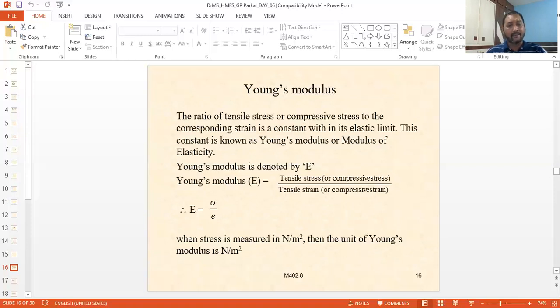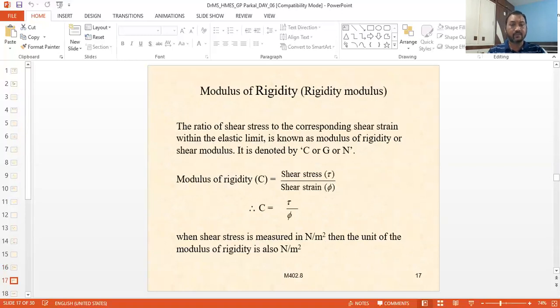Generally, the value of Young's modulus is high, so it is expressed as some value into 10 power 5 newtons per square millimeter, or some value into 10 power 9 newtons per square meter.